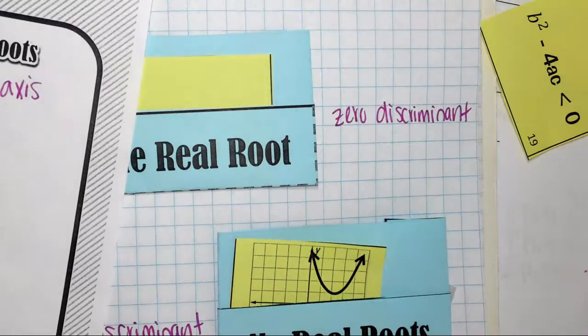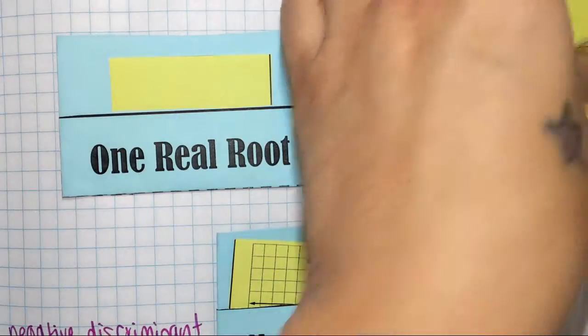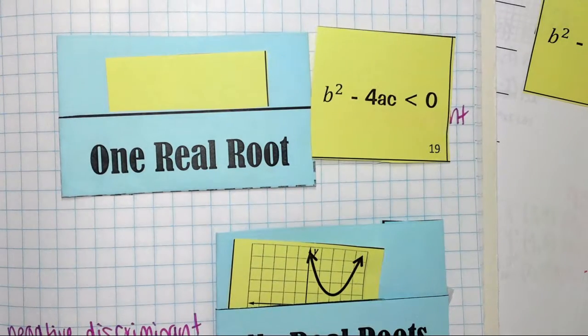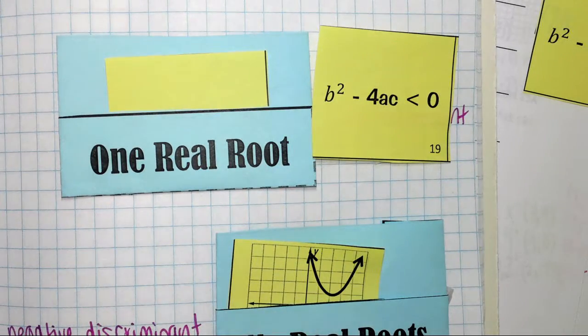All right, now everybody find number 19. It says b squared minus 4ac is less than 0. So what kind of number is that? Negative. And which one of our pockets has a negative?